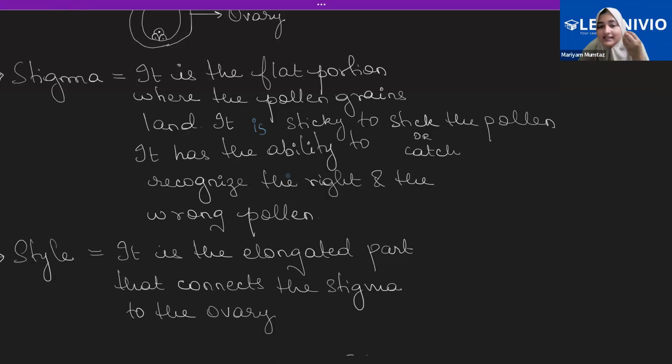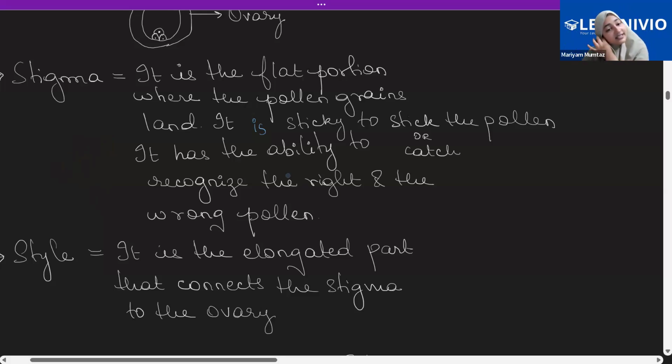Now, for example, if this is the stigma and the pollen grain has landed over it, how will the stigma recognize that it is the right type of pollen grain? It has the capability to understand that, okay, this is the right type of pollen and this is the wrong type of pollen. So this ability to recognize the right or the wrong pollen is there in the stigma. Is it clear, students?